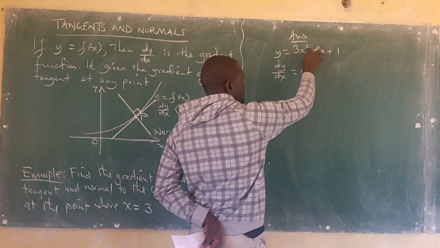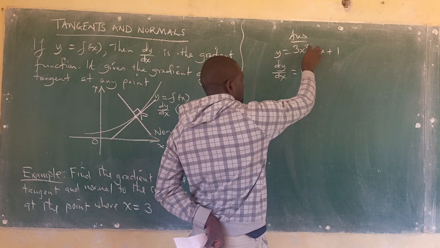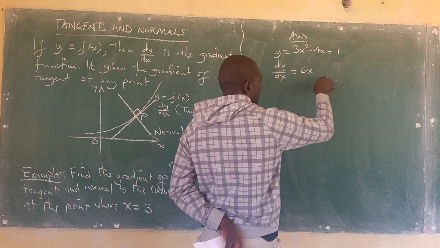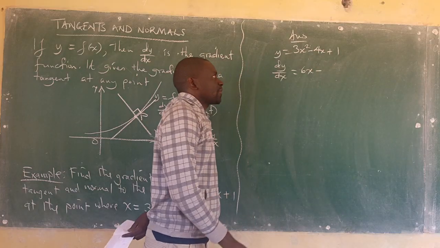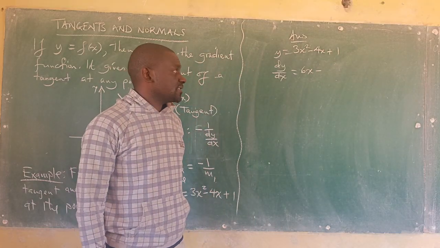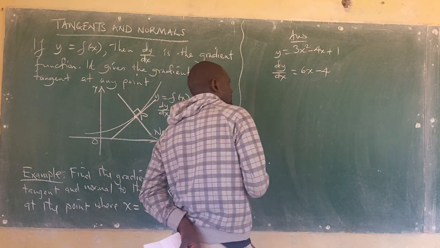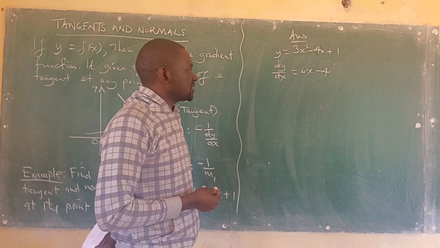We multiply the index and the coefficient, that is 6x. Then we subtract 1 from the index. It remains 1, so it will just remain as 6x minus. If we have 4x and we differentiate it, it will just remain as 4. So that means our gradient function is simply 6x minus 4.